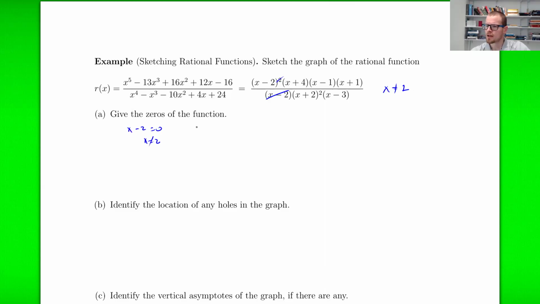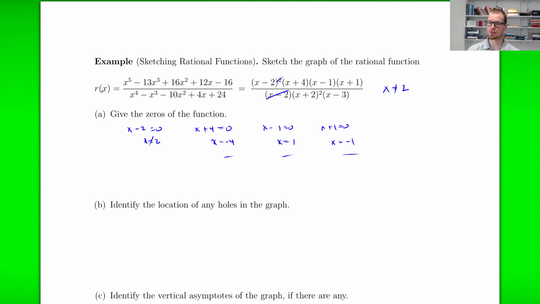That's okay. We have x plus 4 is equal to 0, so x is going to be equal to negative 4. We have x minus 1 equal to 0, so x is going to be equal to 1. And we have x plus 1 equal to 0, so x will be negative 1. So we have 1, 2, 3 zeros of the function.